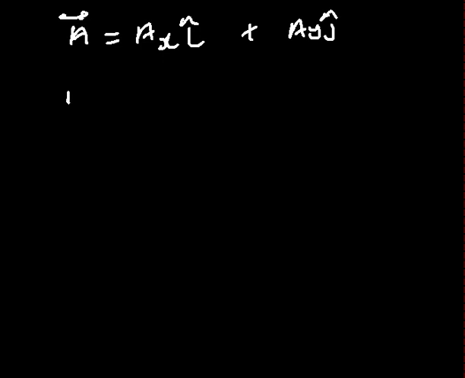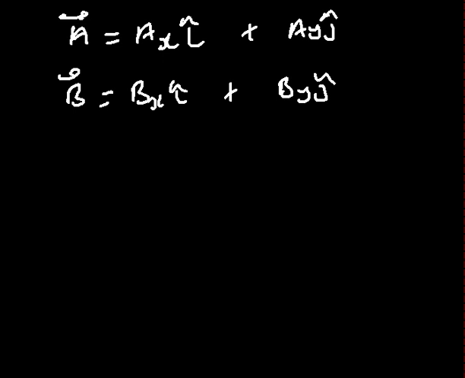Assuming that we have two vectors, let's say a vector A with its components given as axi plus ayj, and another vector, vector B, with the x component bxi plus byj.